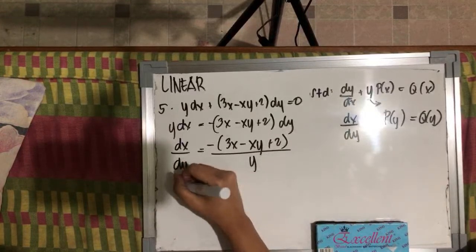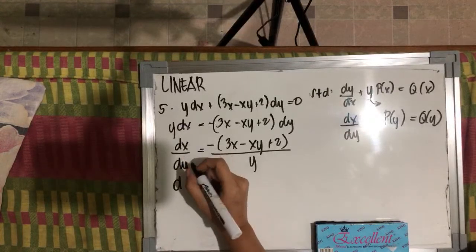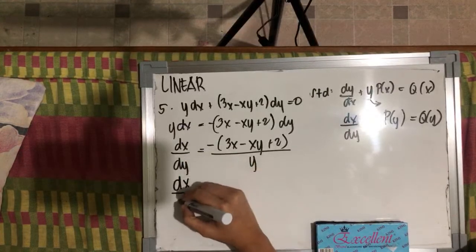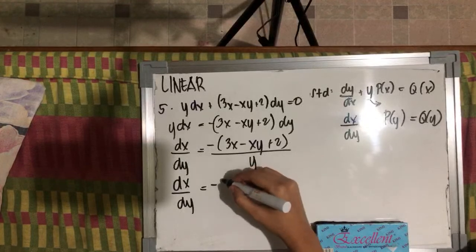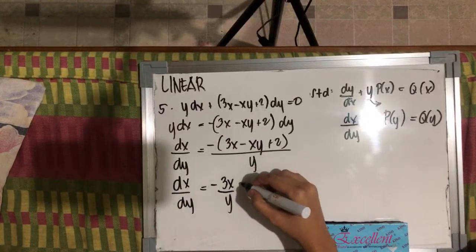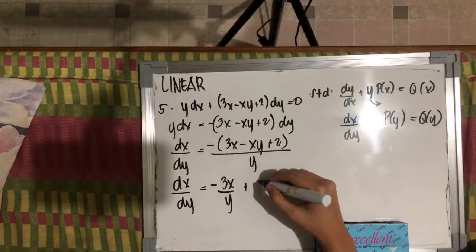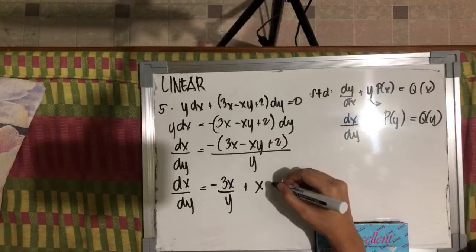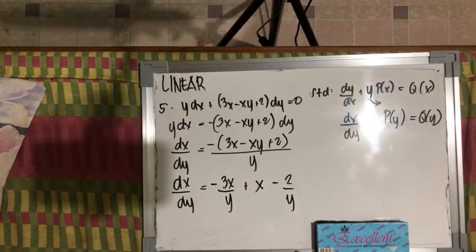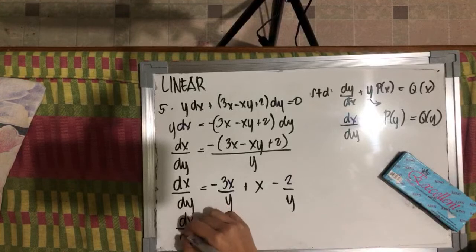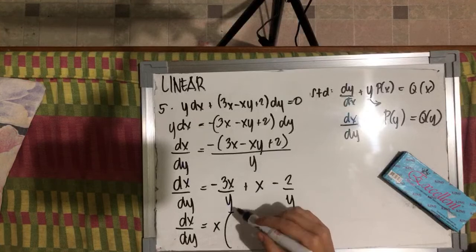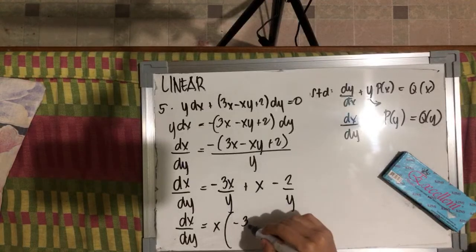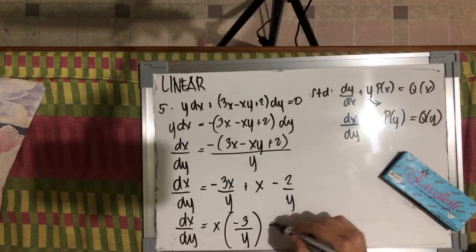So, simplify ko lang. dx over dy is negative 3x over y plus x minus 2 over y. So, dx over dy, factor out ko yung x. So, x is equal to negative 3 over y minus 2 over y.